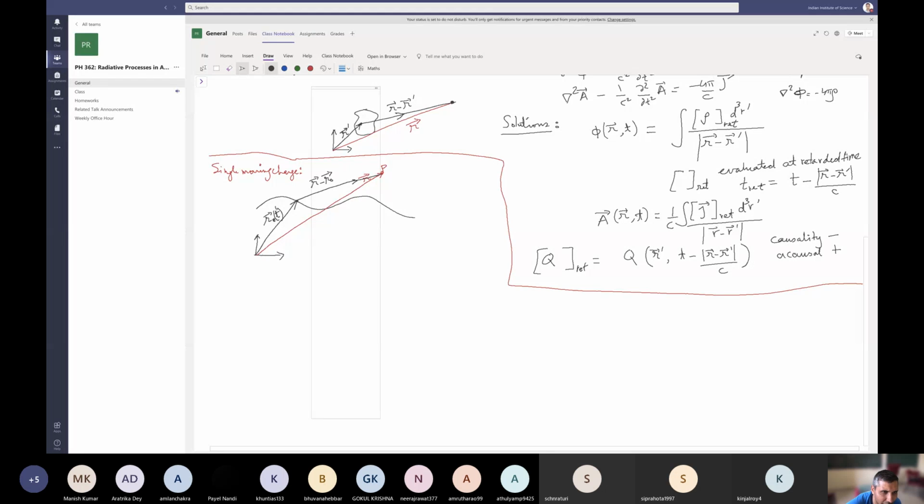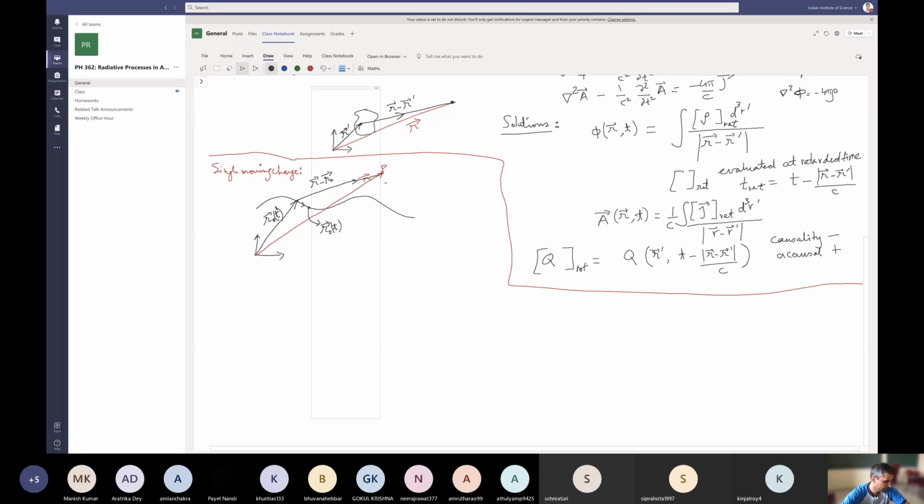So at the time when we are measuring the potential here, the charge would have moved along its path, and this is r0 at t, the same time when we are interested in measuring the potential at P. Okay, good.